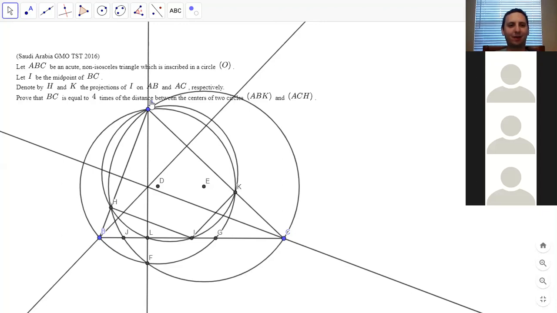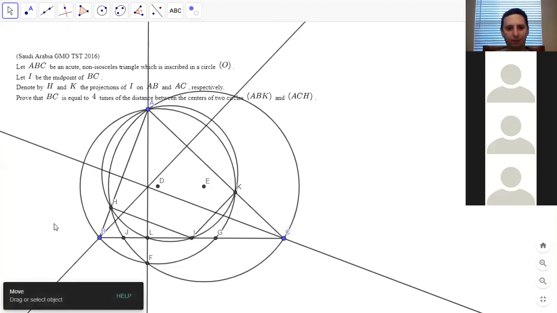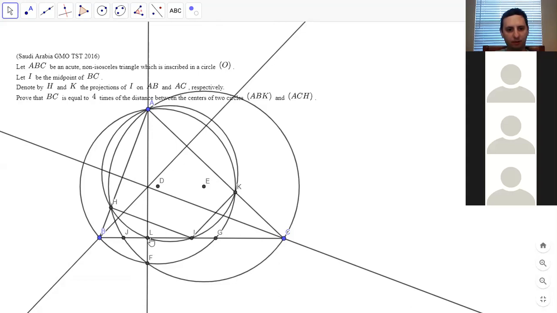Ah, interesting. And then Serdar, you said that solves it. Yeah, easily by power of a point, because that means that LB times LG equals LB times LC over 2. Then it's symmetric. Yeah, okay.